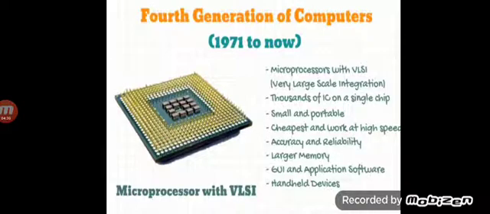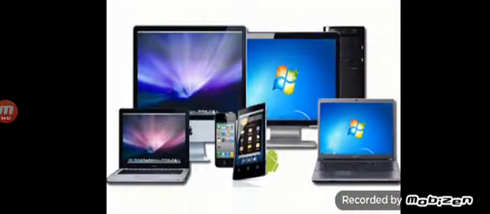They were cheap and worked at high speed with a lot more accuracy and reliability. They had larger memory, which led to an explosion in the development of GUI software, application software and other handheld devices. Examples include all the computers that you see around today.